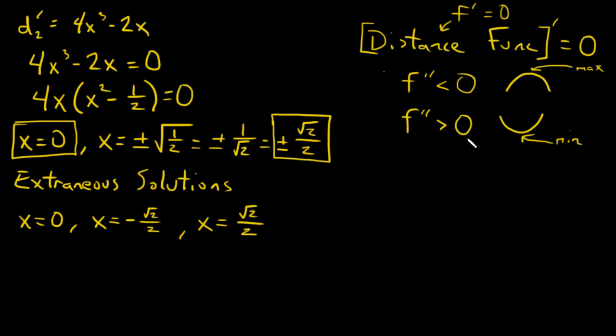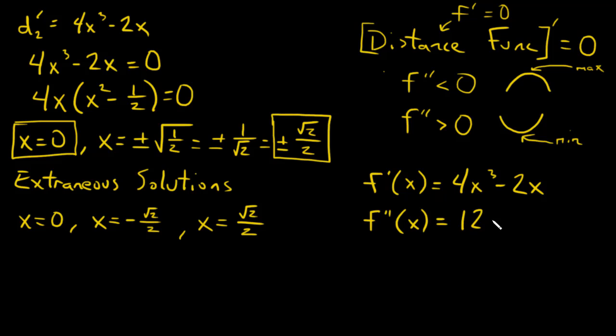So first off, this is going to be my f prime. So f prime of x is equal to 4x cubed minus 2x. So f double prime of x is just going to be the derivative of that, which is going to be 12x squared minus 2. Okay, so let's start plugging in these values.